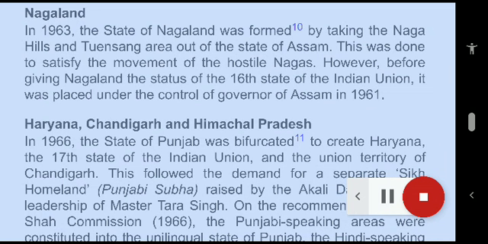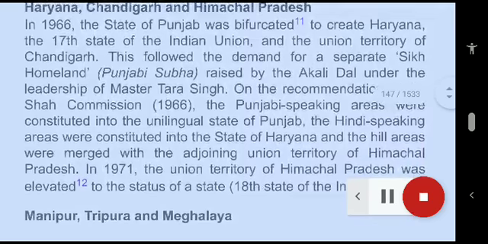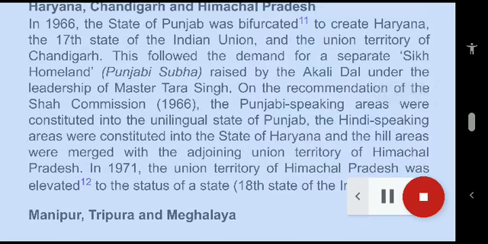Haryana, Chandigarh and Himachal Pradesh. In 1966, the state of Punjab was bifurcated to create Haryana, the 17th state of the Indian Union, and the Union Territory of Chandigarh. This followed the demand for a separate Sikh homeland, Punjabi Suba, raised by the Akali Dal under the leadership of Master Tara Singh.